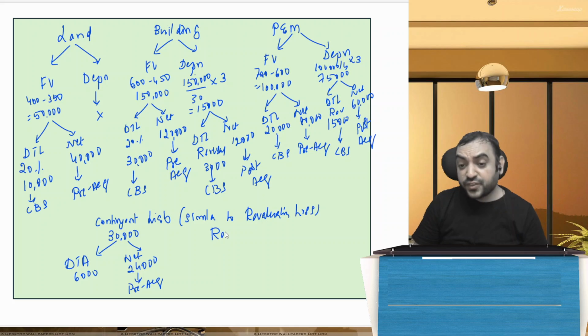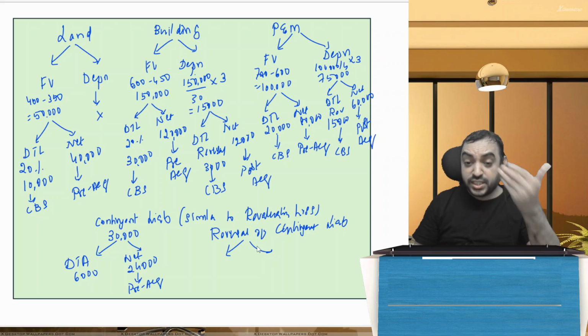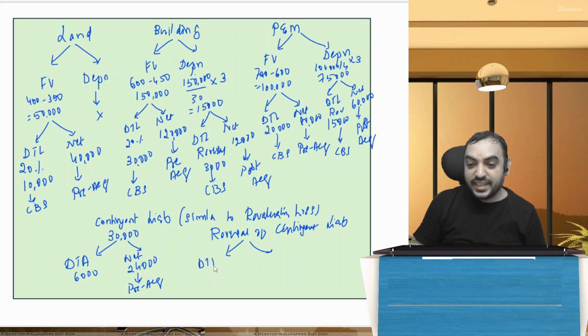Then reversal of contingent liability, just like fair value and depreciation there. Next year there is reversal of the contingent liability and DTA reversal, the same 30,000, 20% means 6,000, and what goes to CONPL as an addition is the balance, net 24,000.